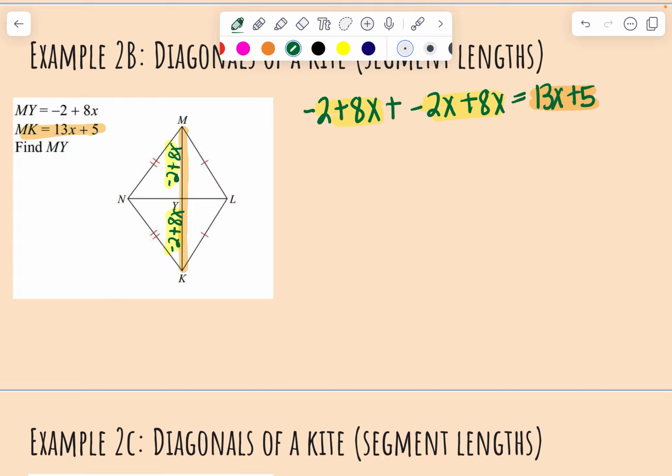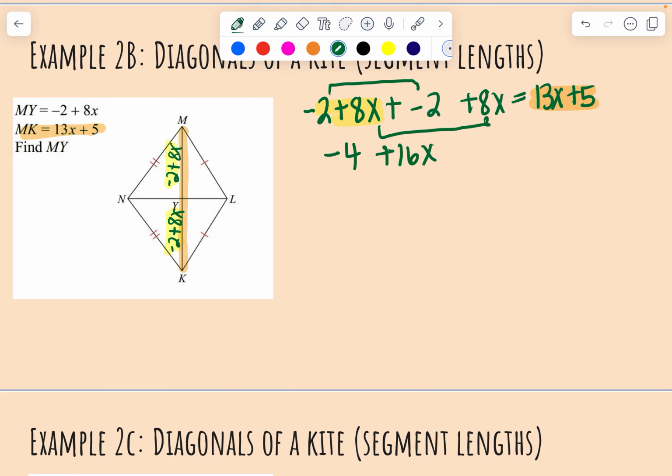So now solving this one. Negative 2 plus negative 2 is negative 4. 8x plus 8x is 16x. So negative 4 plus 16x is 13x plus 5.